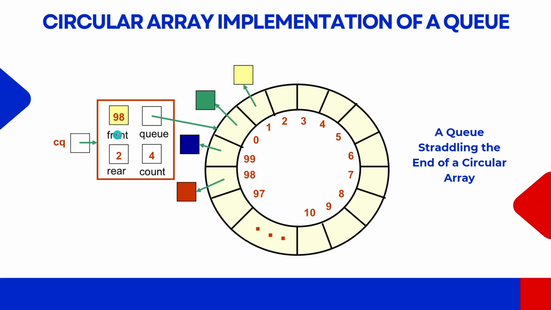Front marks the element to be deleted, and its position is 98. This is the element that will be removed from the queue next, and rear is at location 2, which means it is the next free slot available for an element to be added to this circular queue.